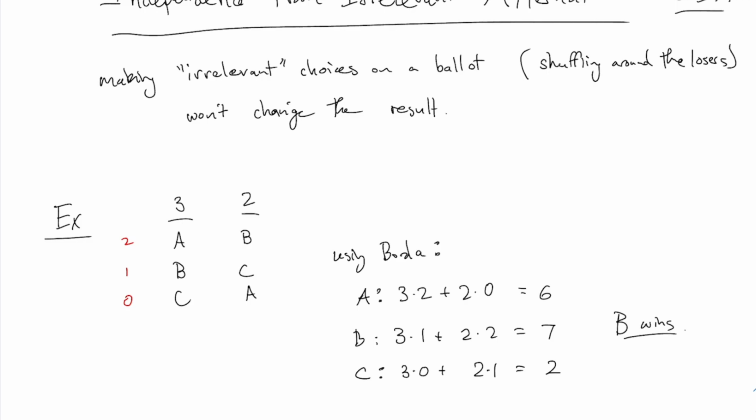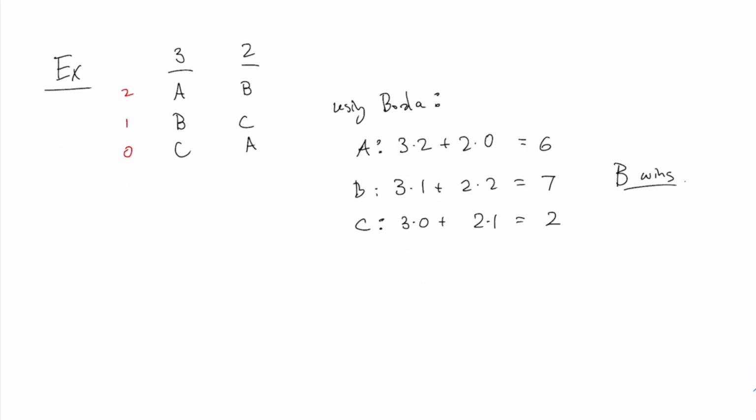All right? So this is my example. Now, this is just the election as it is, but I'm going to imagine, is there a way that I can change this, shuffling around the losers, which will change the results of the election? Check it out.